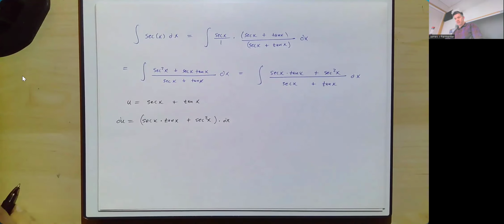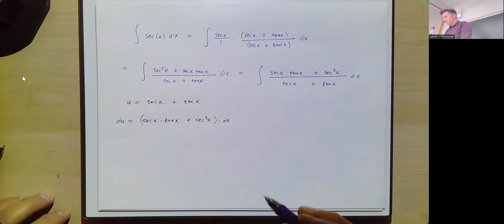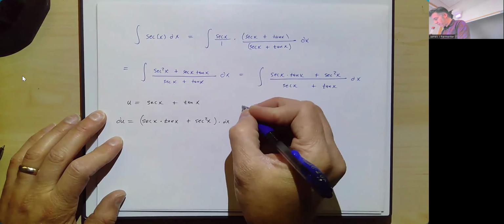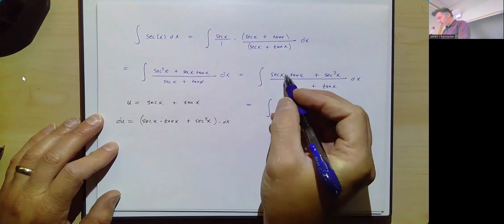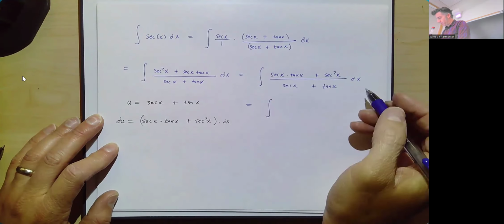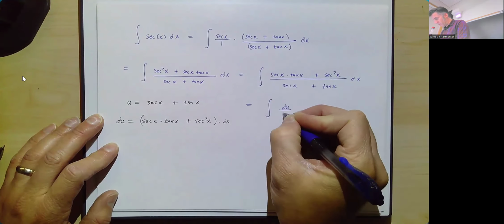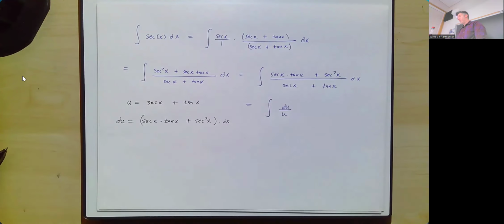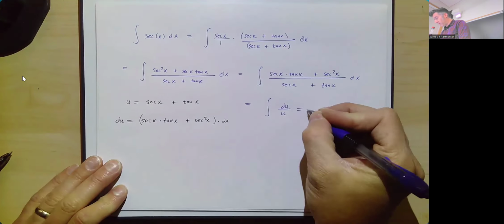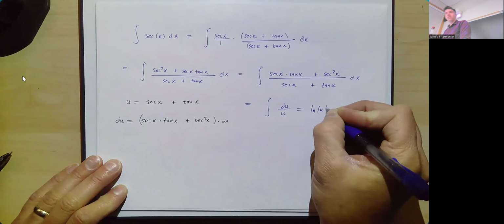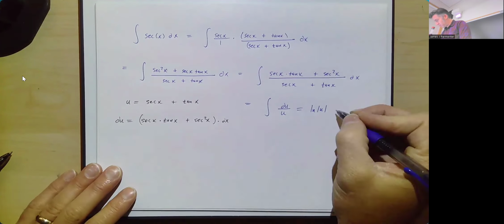How convenient. So what this means is we can rewrite our integral as, well, look, there's du on top. There's u on the bottom. And I think we've seen the integral of du over u enough times now that we don't need to write it as 1 over u times du. The integral of du over u is going to be the natural log of the absolute value of u plus c.